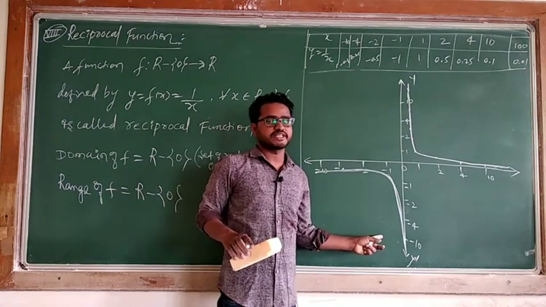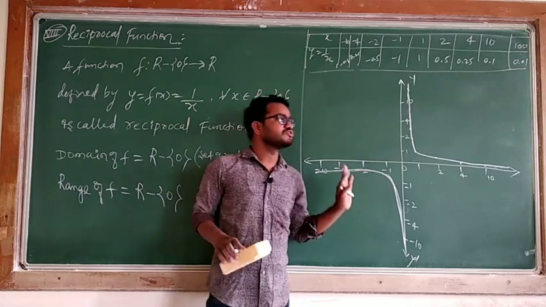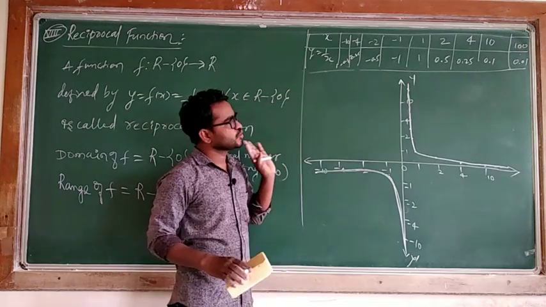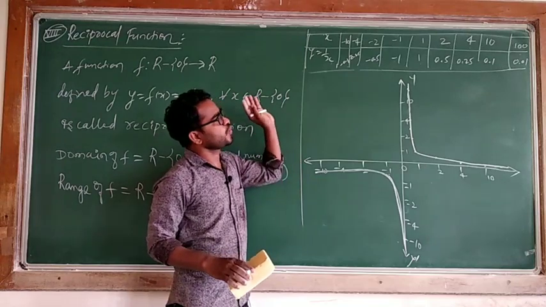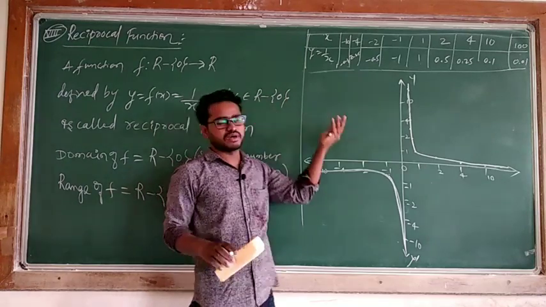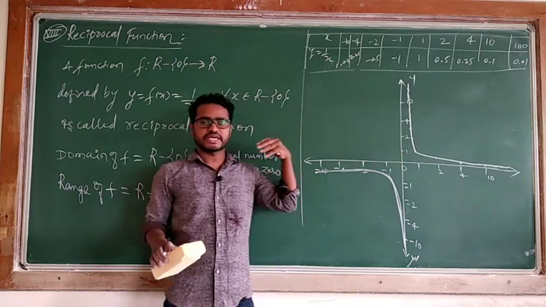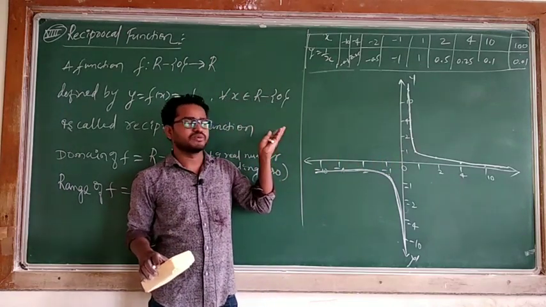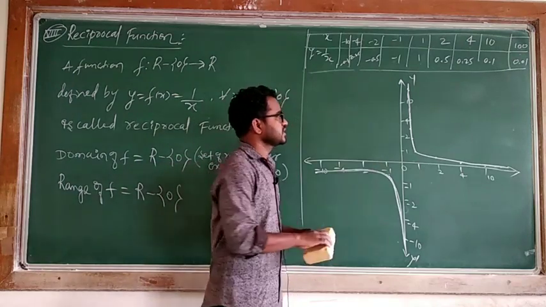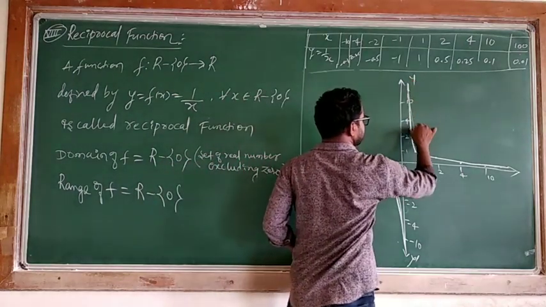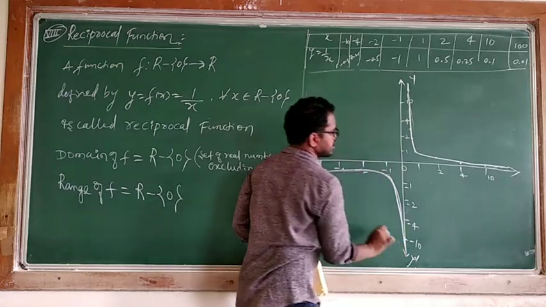When y is bigger, x is smaller. So in this graph, don't follow the table exactly. Understand the nature of the graph, means the nature of the values. When you take a smaller x, you will get a bigger value of y. When x is bigger, y will be very small. So according to that, roughly this is the graph of the reciprocal function.